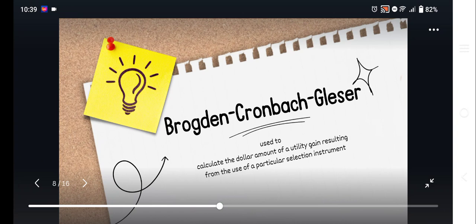This utility formula requires five items of information to be known. First is the number of employees hired for a given position per year.